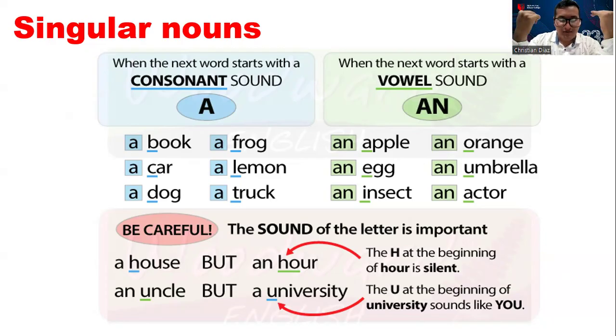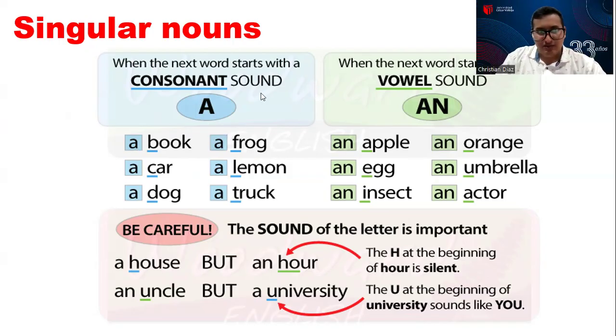It's English, and we have to respect the English. So, for example, here, book, letter B, a book. Car, a car. Dog, a dog, because these nouns start with consonants. And here, these start with a vowel sound: an oval, an egg, an insect.